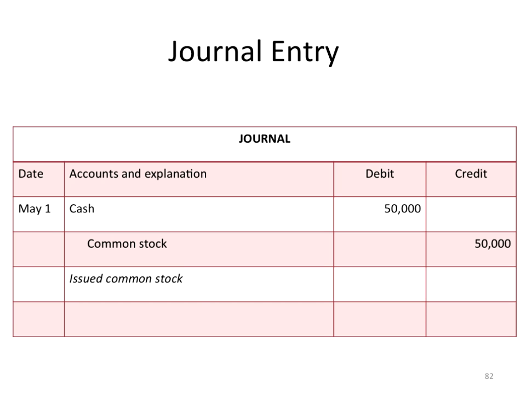So anyways, in this entry, incidentally, is cash increasing or decreasing? It's increasing, because it's being debited. We know that from looking at our list of rules. Is common stock increasing or decreasing? Increasing, because it's being credited.